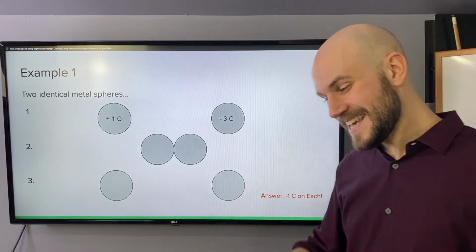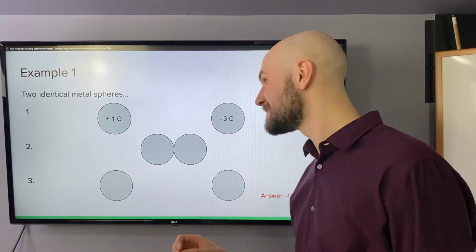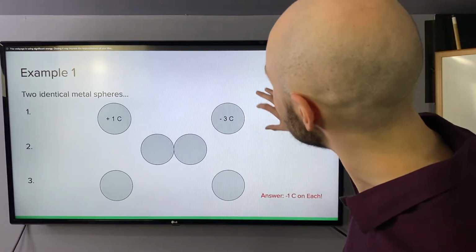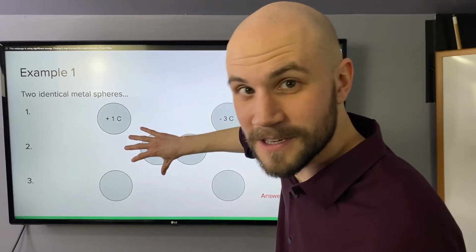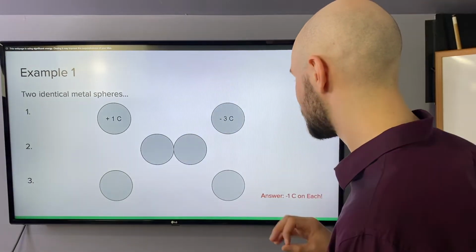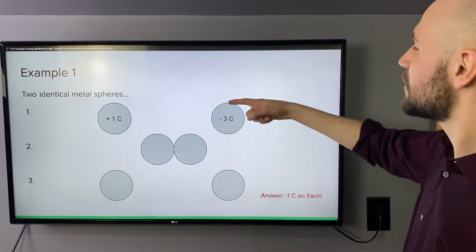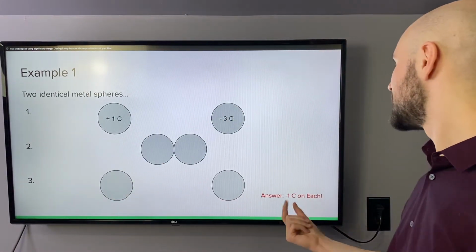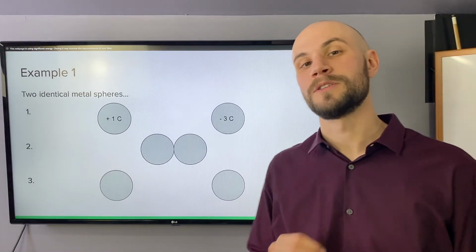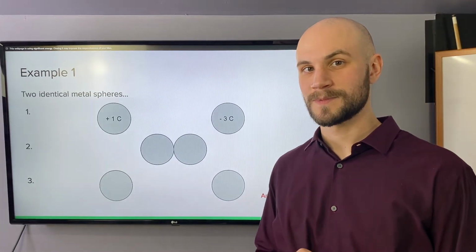Electrons are the only thing that could run from one object to another. So the extra electrons on this sphere got dumped into this sphere until everything was even. We separate them. The electrons came from this sphere to this sphere, and now there's a -1 Coulomb charge on each one of those spheres. Okay?